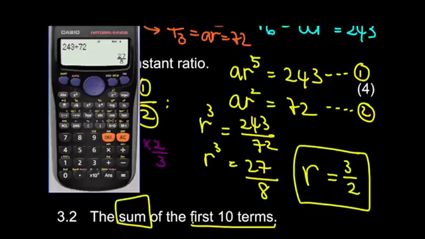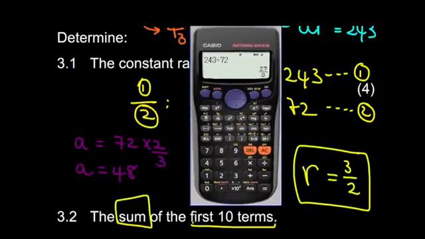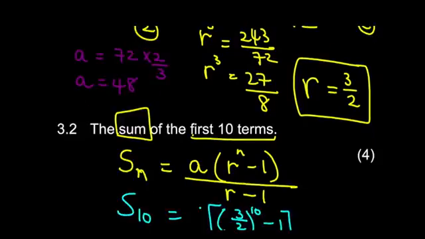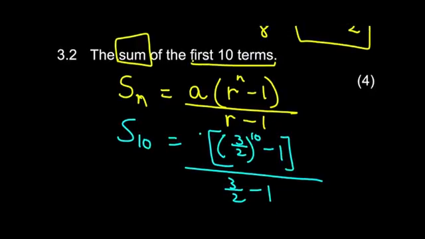Let's check. 72 times 2 divided by 3, 48. Right, so we've now got that A is 48, so we can substitute it in here. And we get 3 over 2 minus 1 would be a half, so that would be 96.